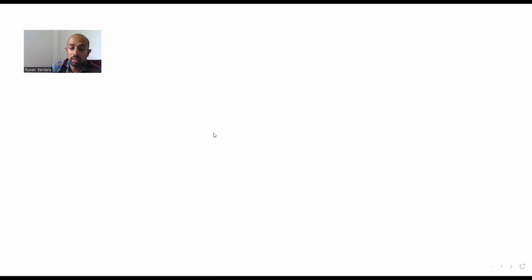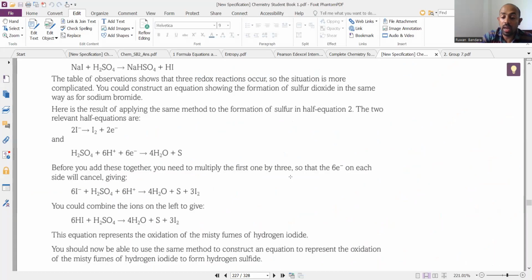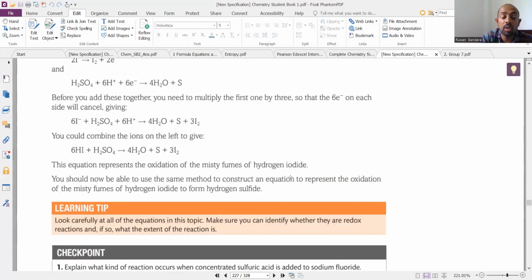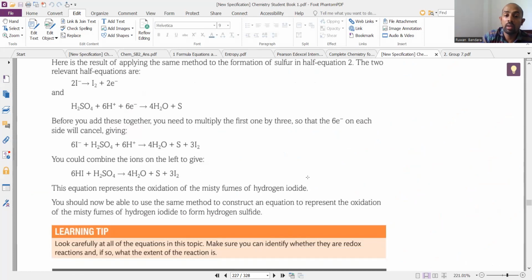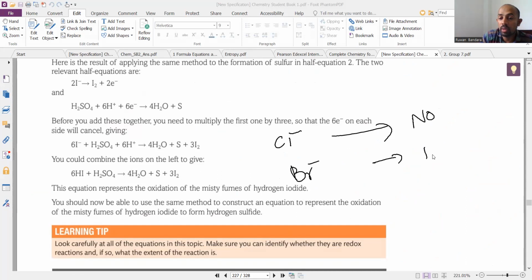That's it. This shows that iodide is the stronger reducing agent. When you compare Cl minus, it's not a redox reaction, but Br minus forms Br2 and sulfuric acid goes to sulfur dioxide, so the change in oxidation number is +6 to +4.